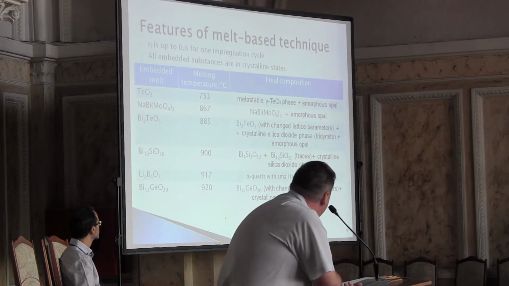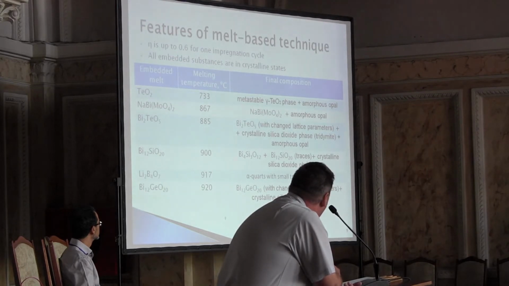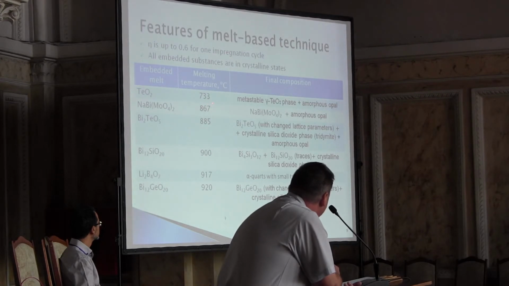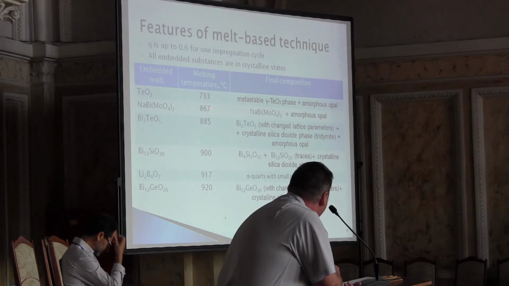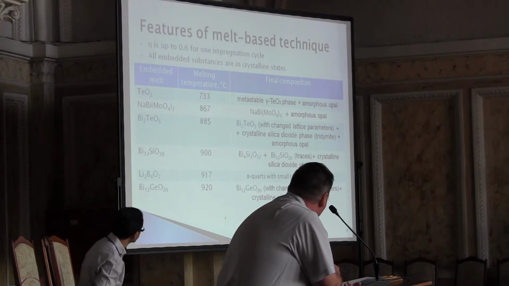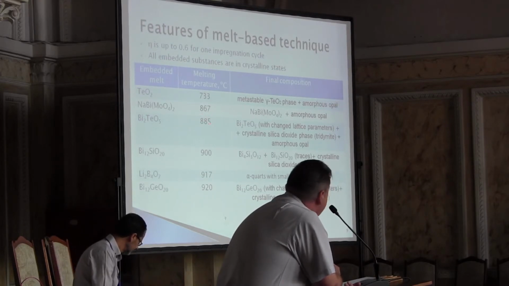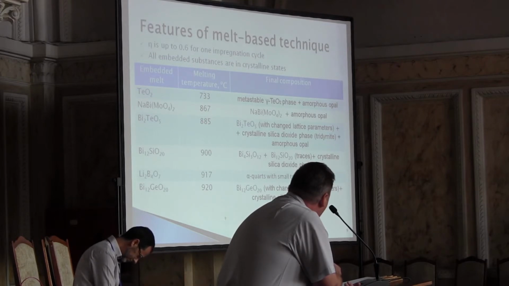And the features, in summary, of using melt-based techniques: when we have a temperature less than 850 degrees centigrade, or maybe 880 degrees centigrade, we have no chemical interaction with the opal matrix.